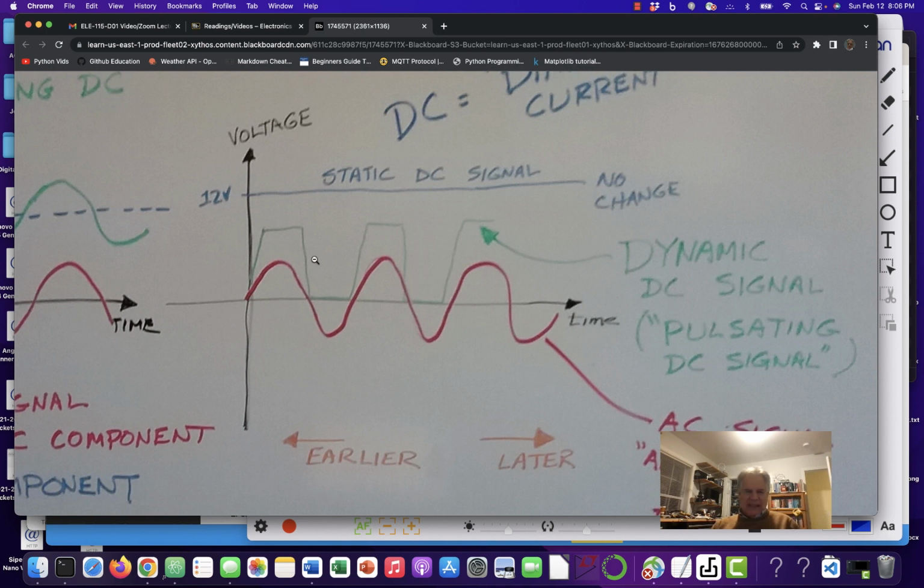Big deal. Technically, the AC part of this signal is the part from 0 up to whatever voltage this is. Looks like, call it 8 volts. So there's a static DC signal for this square wave. It's around 4 volts. Okay, so to have a square wave stay above 0, technically it has a DC component.